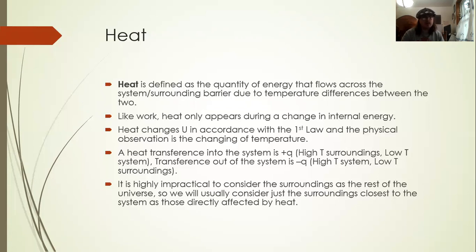I don't have to look at how the temperature changed in the United States of America, or on the planet Earth. I can look at how the temperature changes mostly around my house, and that will manage for our heat.